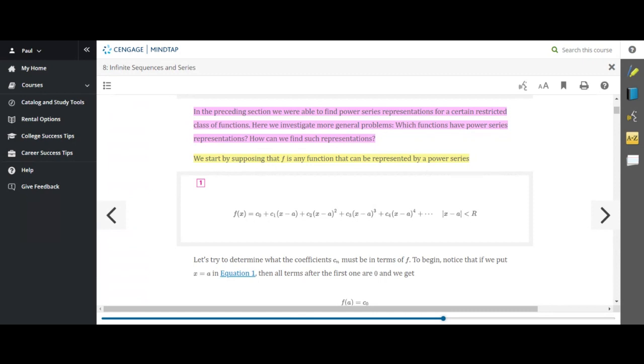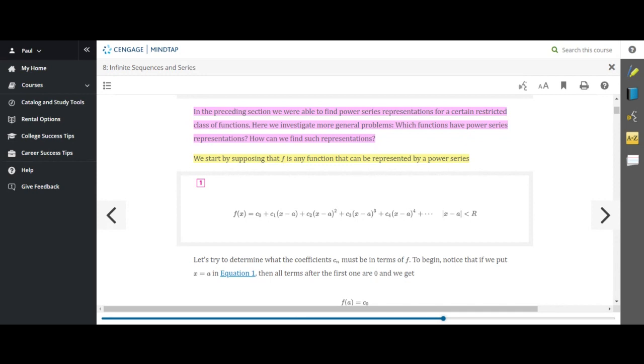And actually, you already saw from section 8.6 that if you can represent a function as a power series, it allows you to approximate definite integrals, for example. And that's important because not every integral has an antiderivative.